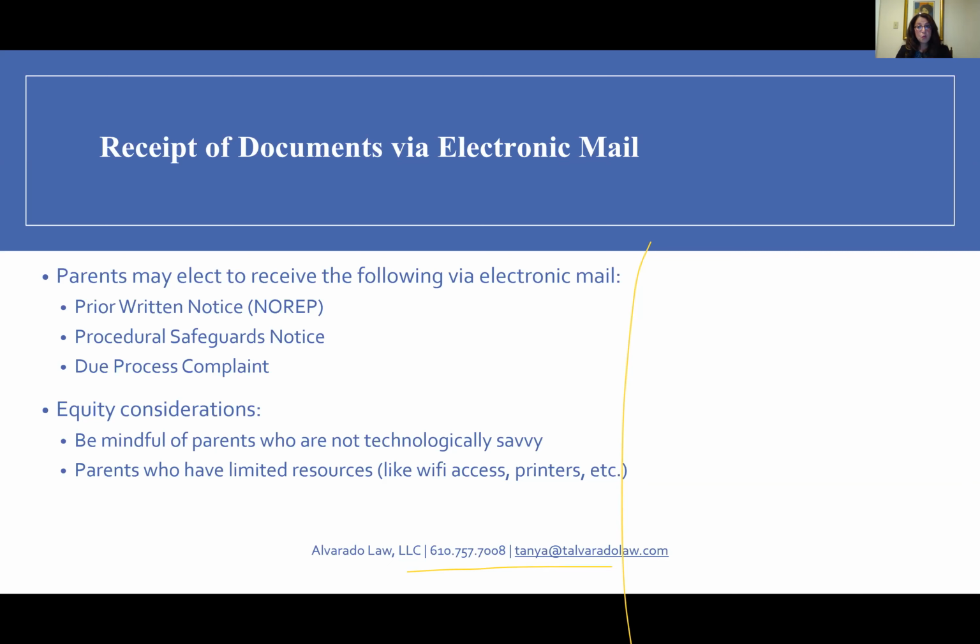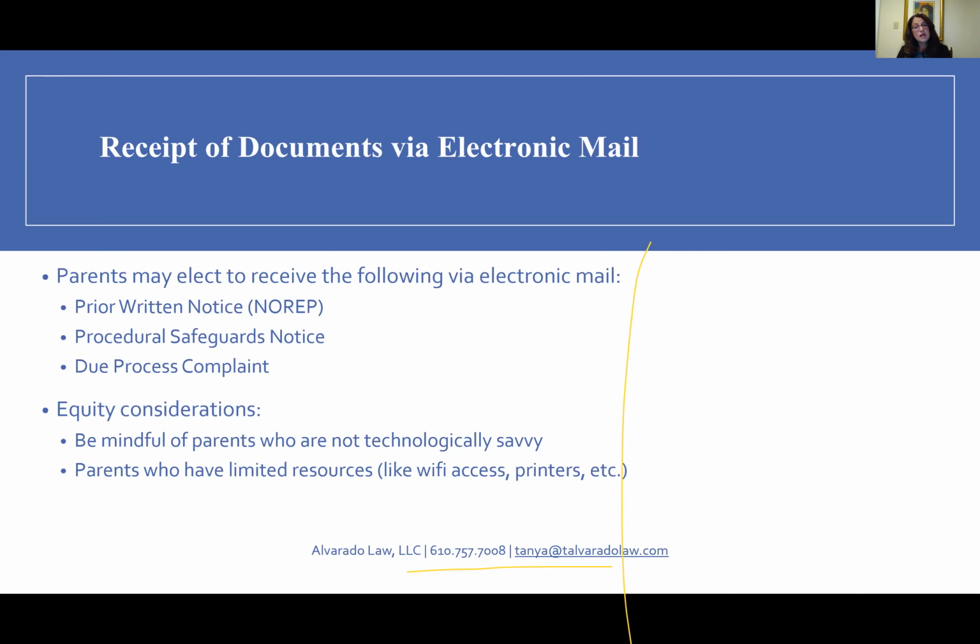The district is required to be cognizant of equity considerations. They have to be mindful that some parents are not technologically savvy. Not everyone has a printer at home or a scanner, so you really can't assume that the parent is technically savvy or has access to Wi-Fi or a functioning computer.